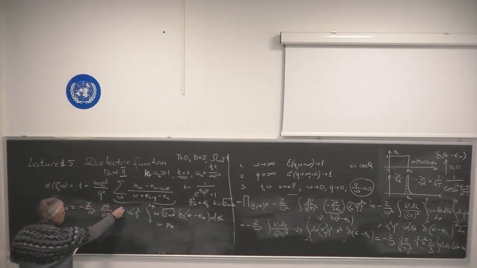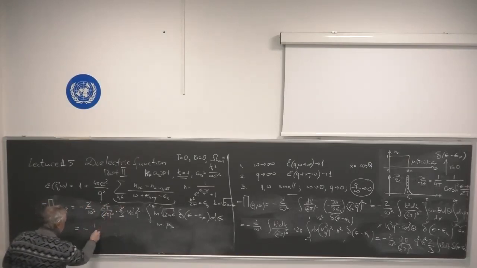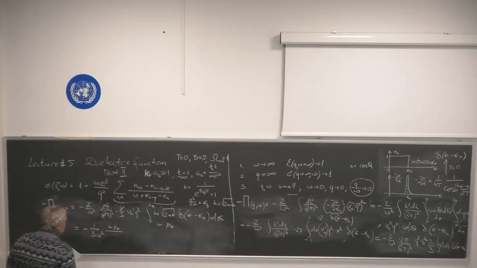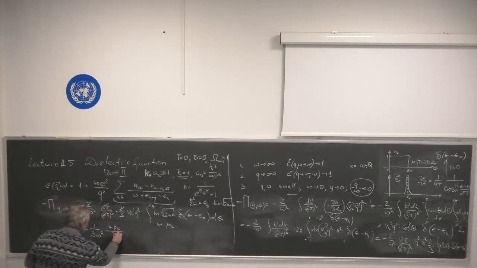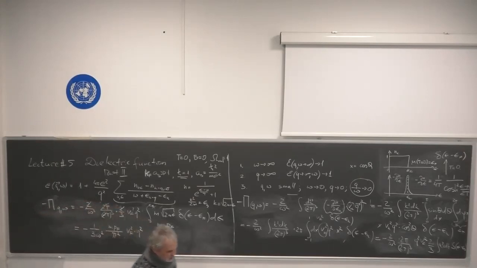So 2 and 8 cancel out. Pi and pi squared cancel out. Pi and pi cubed, so pi cubed gives me pi squared. So there is 3 omega squared. I have m p_F divided by pi squared. And I have v_F squared times q squared.